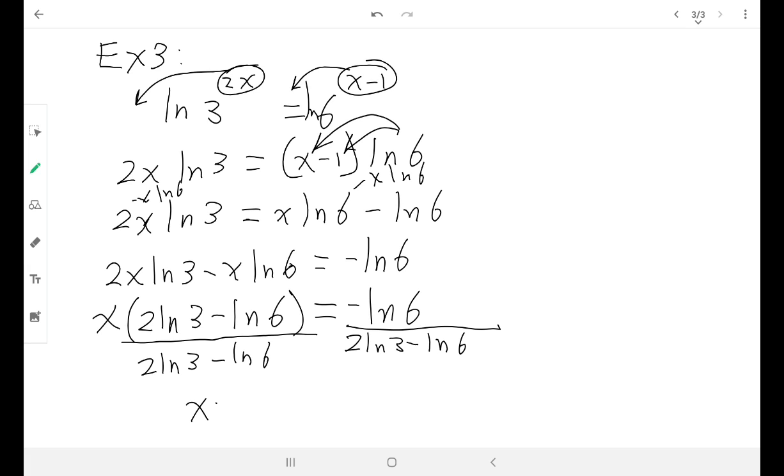And so x equals the negative natural log of 6 over 2 times the natural log of 3 minus the natural log of 6, which you could go through a whole lot of things, but bottom line is when you put it in the calculator, you get about negative 4.42. And you can put that into Desmos in just that exact way, and it'll give you that answer.